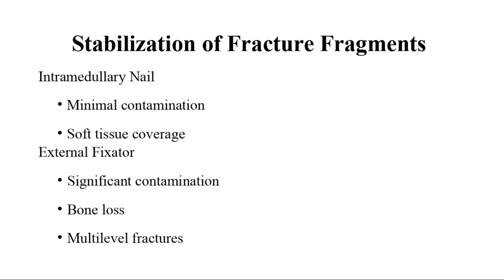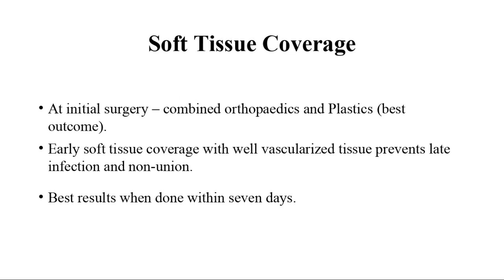External fixator with a bone loss, significant contamination, multiple level fracture: err on the side of caution. This again, I mentioned, it's a team approach between the orthopedic and the vascular and the plastic surgery services.